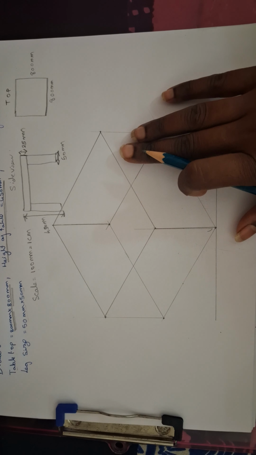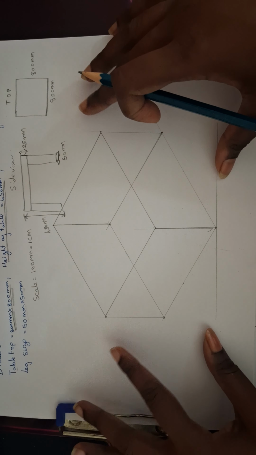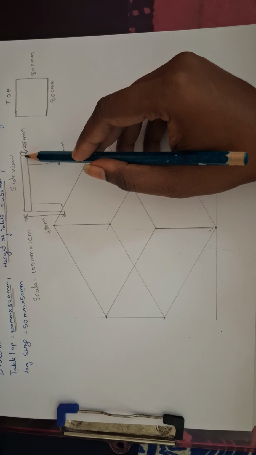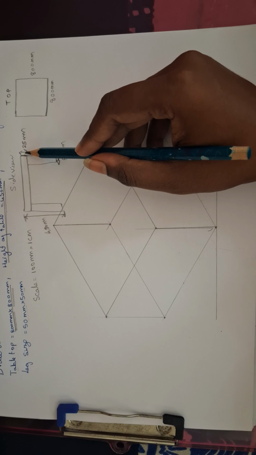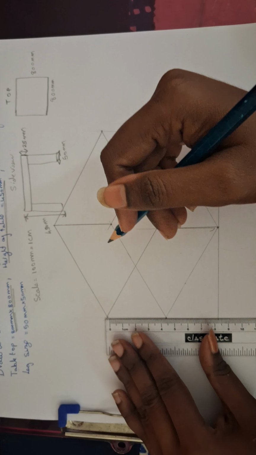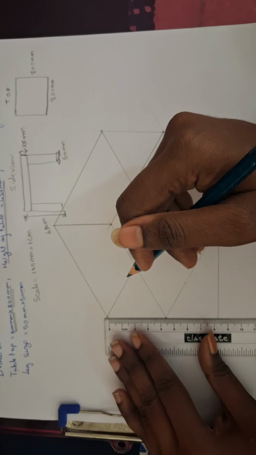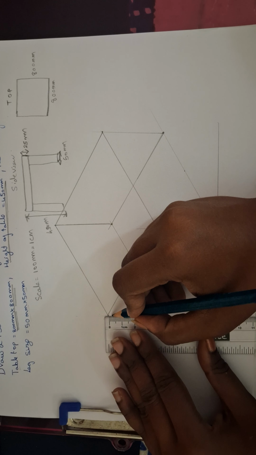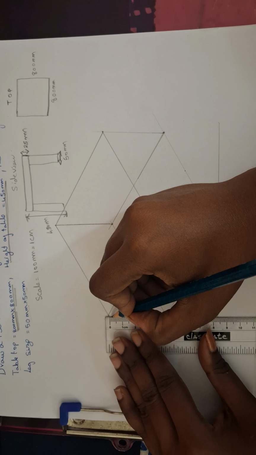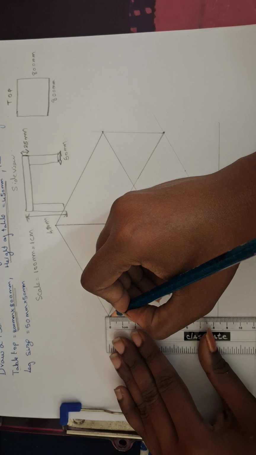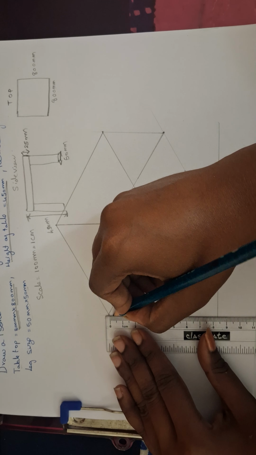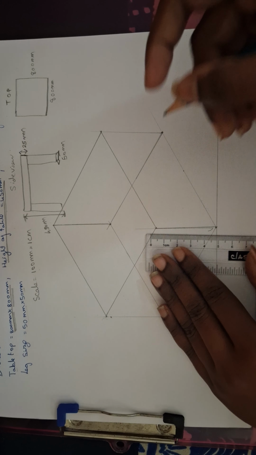Okay, we have drawn the basic shape. From it we have to find the tabletop; here it has given the height is 25 mm. So I'm going to mark 25 mm. The 25 mm using the normal scale will be like 2.5 mm.